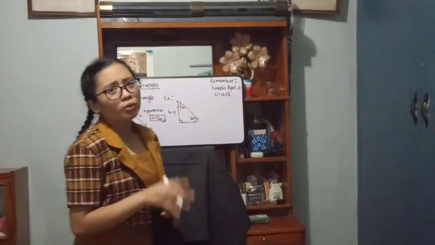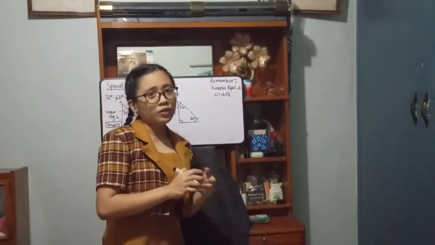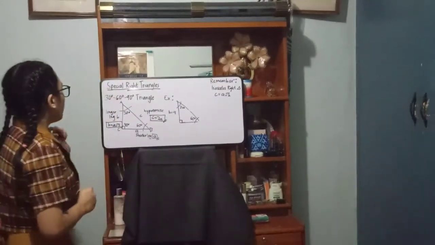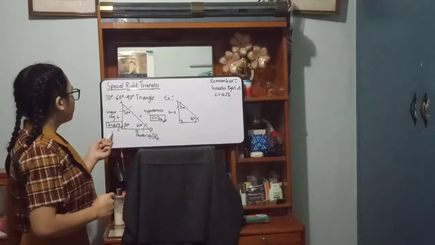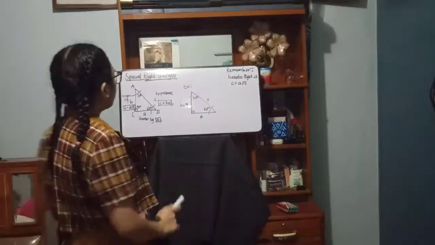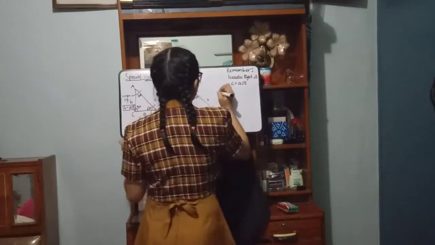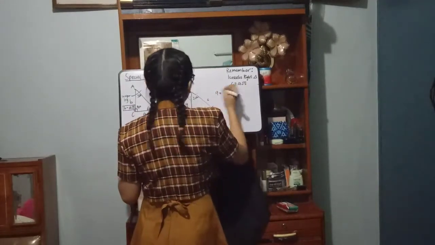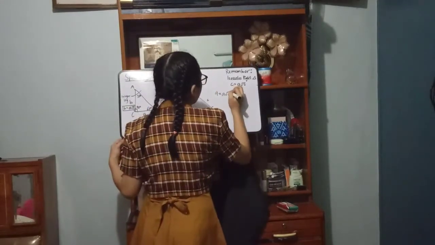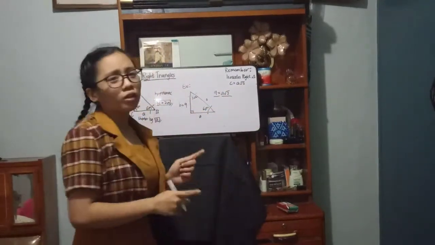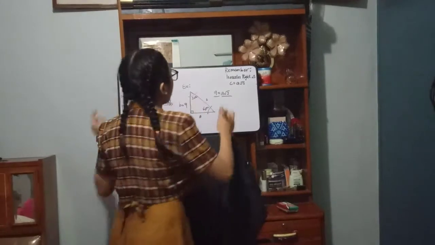So what we can solve here first is the shorter leg again, because in the formula of the longer leg, our B here is already given. So we will just substitute. B is 9. 9 is equal to A times the square root of 3. Then we will divide both sides by the square root of 3 to get the value of A.